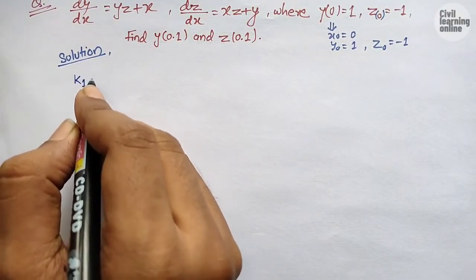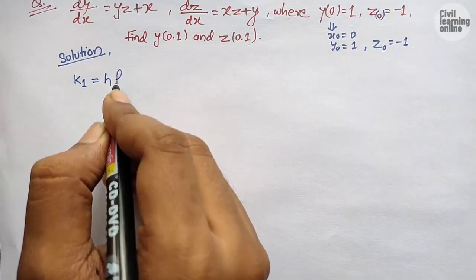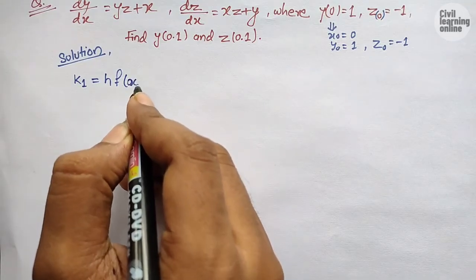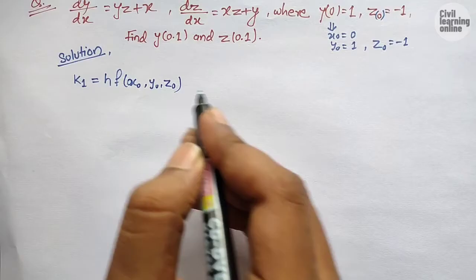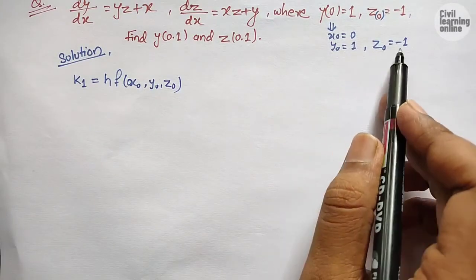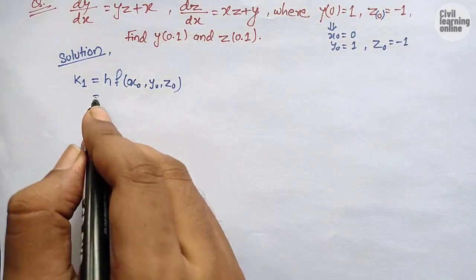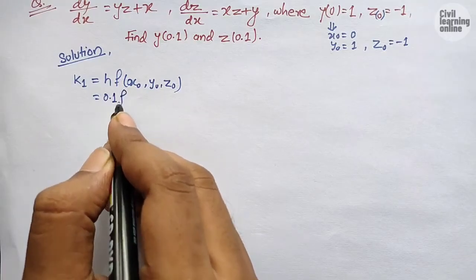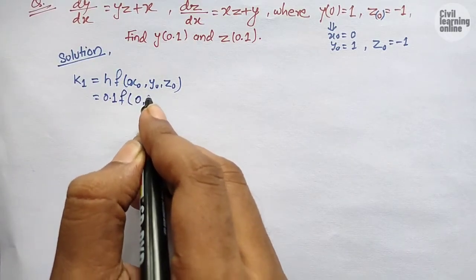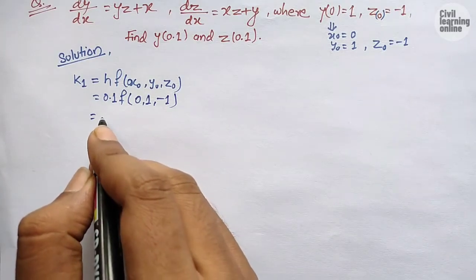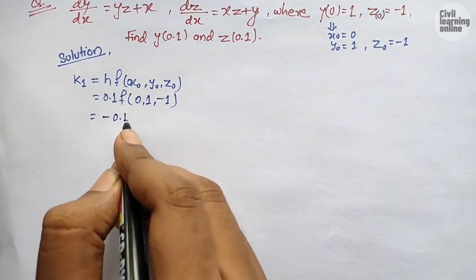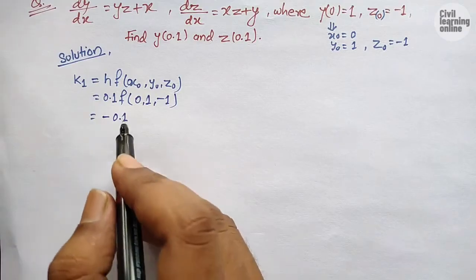The formula for k1 is h f(x naught, y naught, z naught), and the values of x naught, y naught and z naught are already here, so put it here. 0.1 f(0, 1, minus 1), and from here we will get minus 0.1, which will be the value of k1.